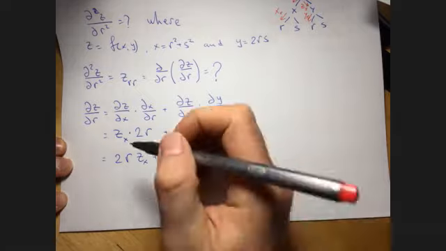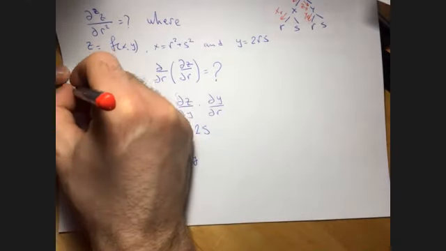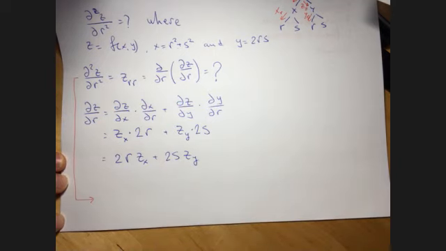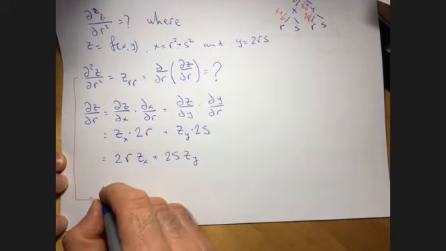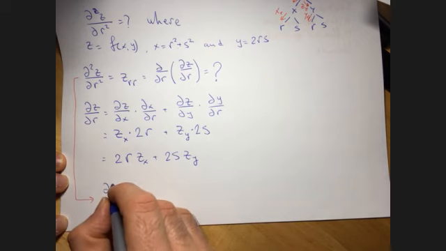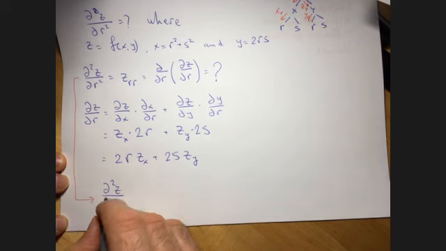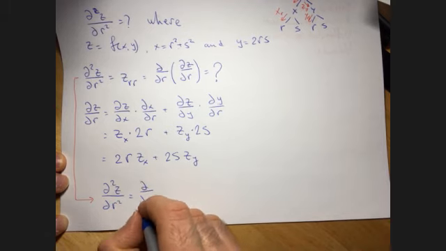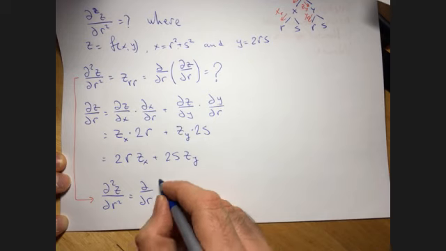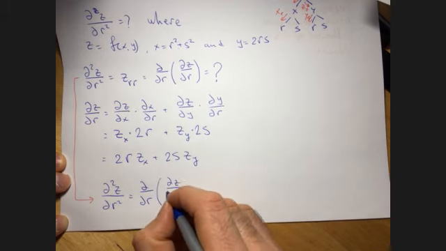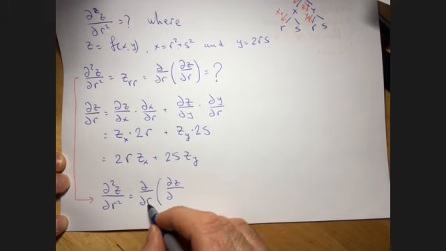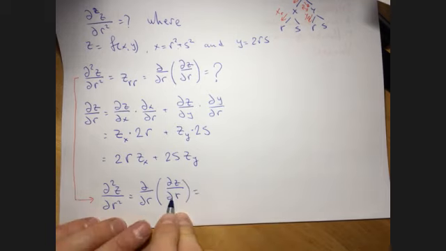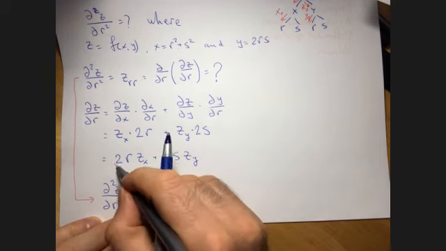Now I'm ready to start. Be careful, this is going to be a long process, evaluating the second order partial derivative with respect to r. So the second order derivative of z with respect to r is the partial derivative with respect to r of partial z partial r, but this expression is right here.